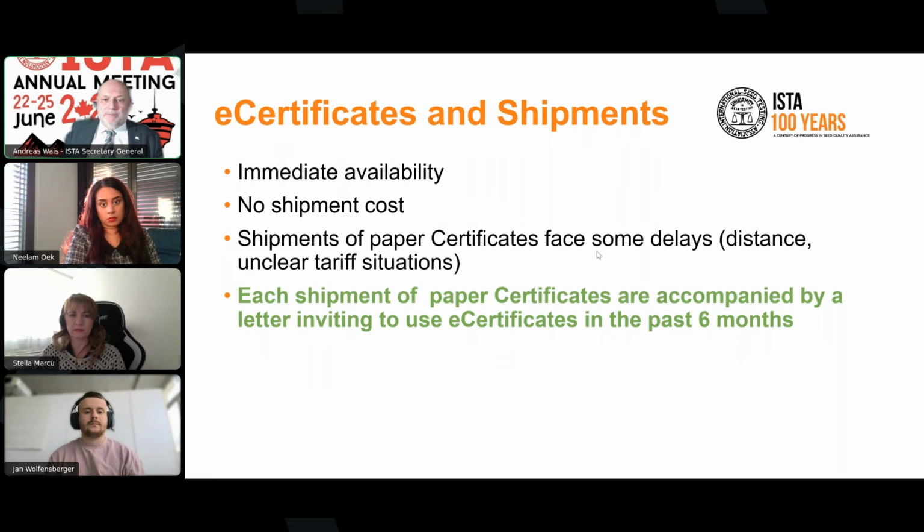Each shipment, since about 6 months, is also accompanied by, that's a paper certificate shipment, of course, accompanied by a letter inviting all the users to the electronic certificate system and giving some more background information on that.